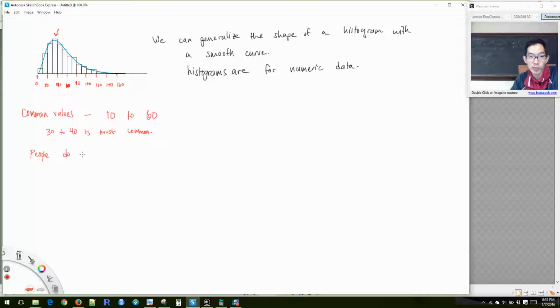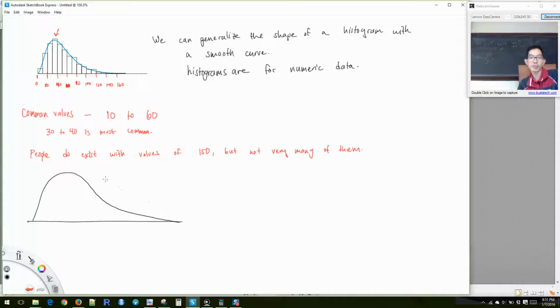People do exist with values of 150, but not very many of them. So keep that in mind when we are summarizing a histogram with a shape like this.